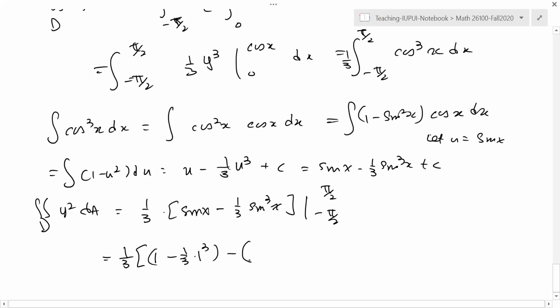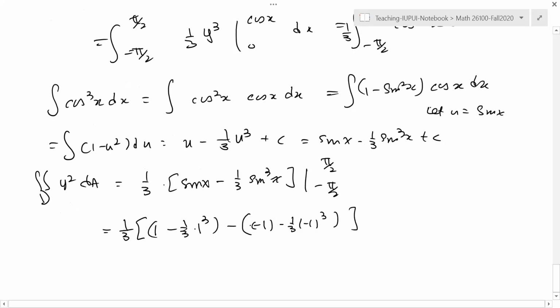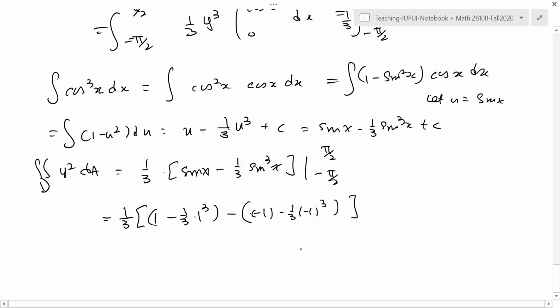That's the first part, minus sine of negative pi over 2, which is -1, right? And minus 1/3 times (-1) cubed. So actually this is going to be double the first term. First term is 2/3, doubled, so it's going to be 4 over 3, times 1/3 is 4 over 9.